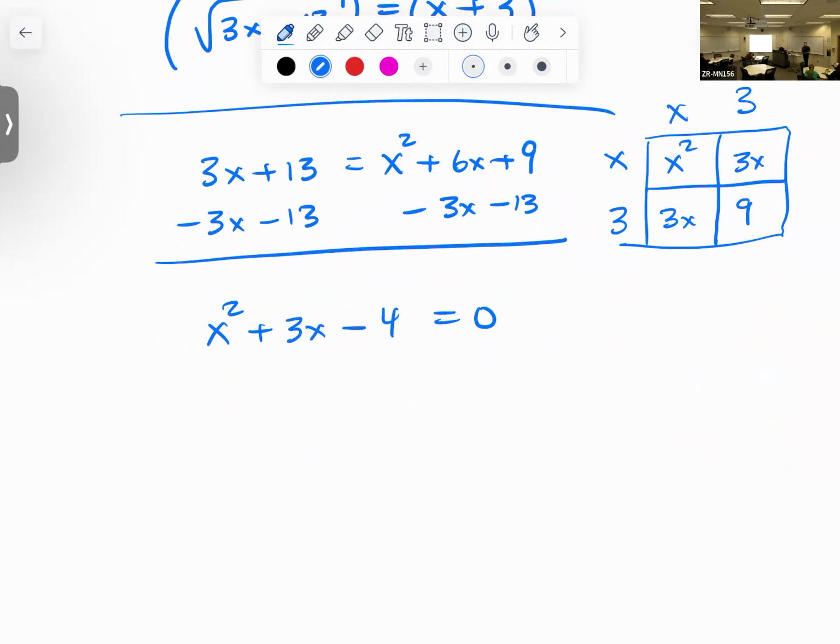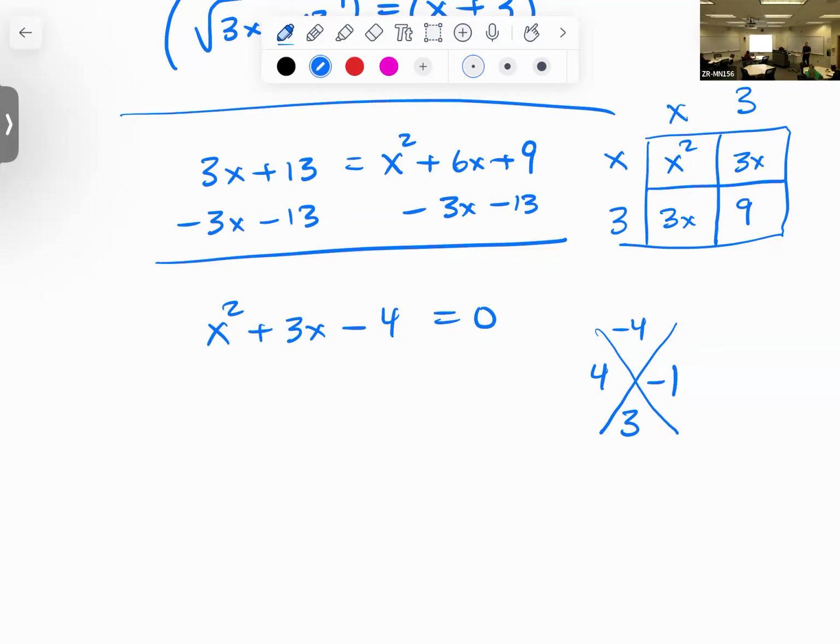Once I have it equal to 0, then I should be able to solve this, because what wonderful thing do we get to do now? Diamond. What multiplies to -4 and sums to +3? 4 times 1. One more time: positive 1 times negative 4. The opposite of what I just said.